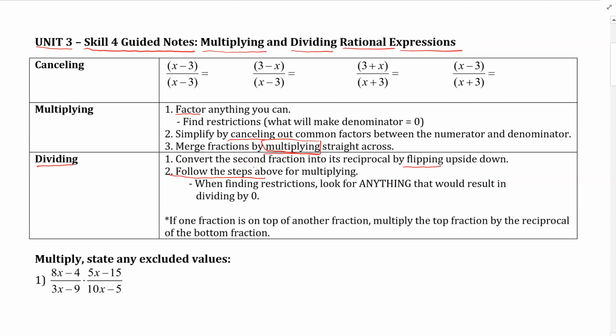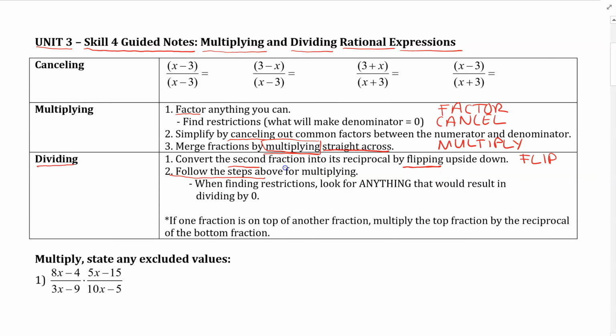So you can think of the steps in this video as basically factor, cancel, and multiply. And for fractions, you just multiply straight across. And then when you divide two fractions, you basically multiply by the reciprocal. So we start by flipping the second one.